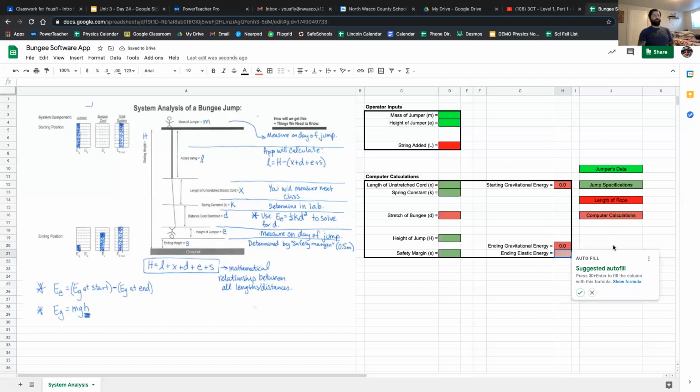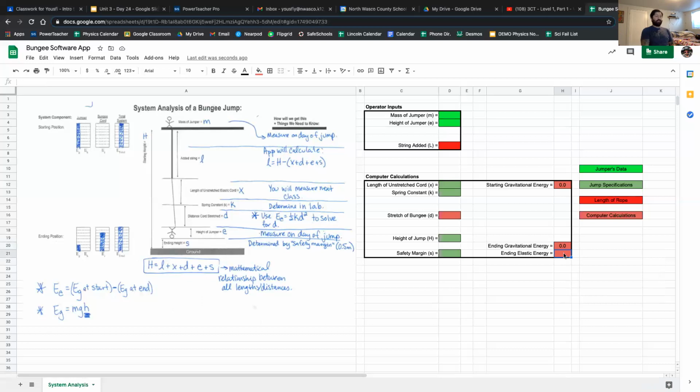And as you can see, we still get a 0.0 here. And so we needed these gravitational energies so we can find our elastic. Now our elastic is just our starting gravity minus our ending gravitational.